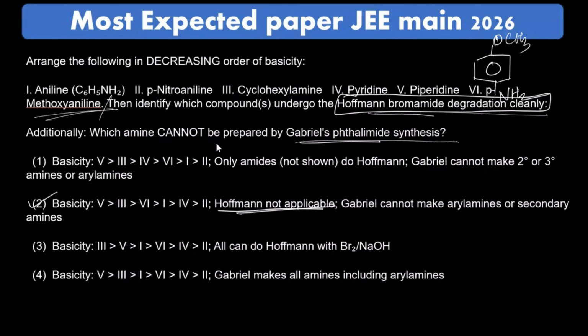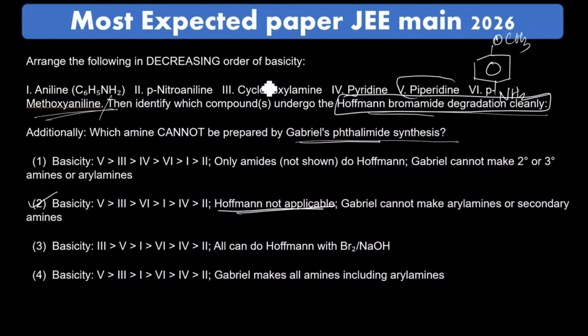Okay, so coming back to the decreasing order of basicity, I'll give you the trick. If you see the nitrogen atom which has a lone pair that is ready to donate, then that would be largely basic, that is highly basic. So fifth one, piperidine.